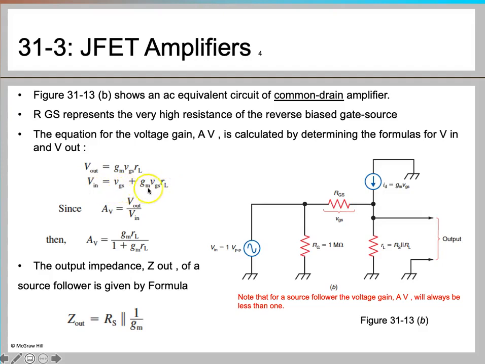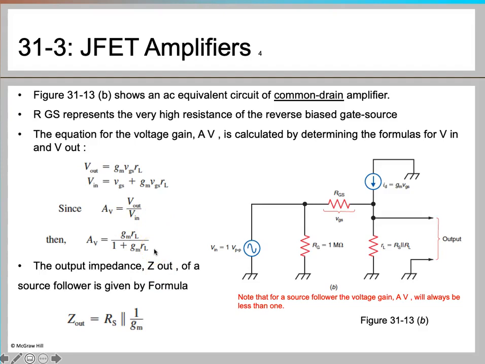You can take VGS common here, and then cancel it with the numerator, and you will get this equation which says Av is equal to gmRL upon 1 plus gmRL. So that's how you calculate the voltage gain.